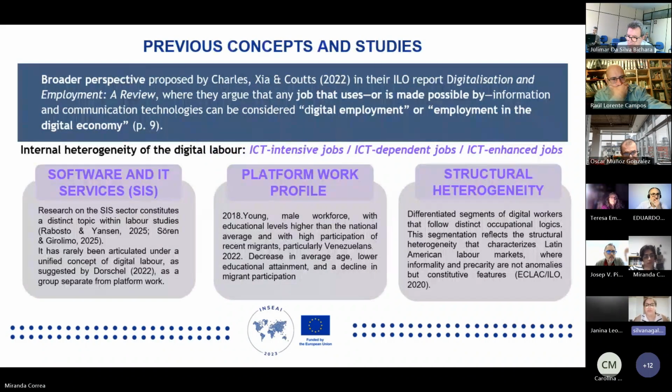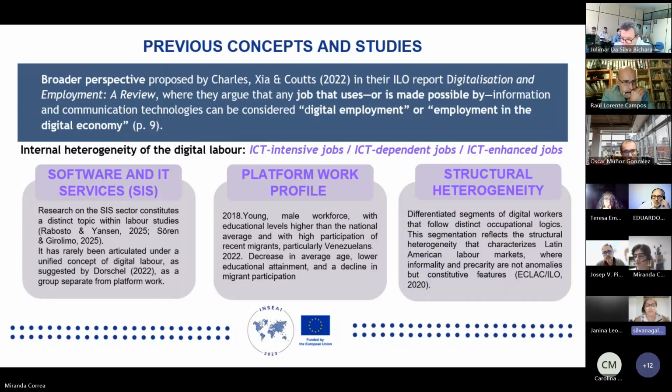After reviewing the existing literature, we decided to take a broad view of the concept of digital labor. We based our approach on the proposal put forward by Charles, Sia, and Katz in the report for the ILO. They argue that any job that uses or is made possible by information and communication technologies can be considered digital employment or employment in the digital economy.